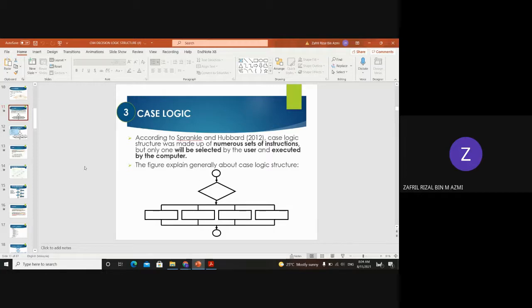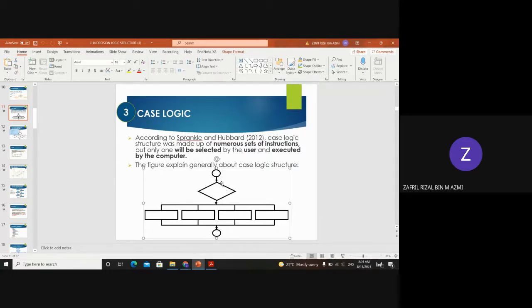If you still remember, case logic structure is similar to the normal if-else statement. However, if we have multi-selection, we are only using one single diamond in the case logic structure.